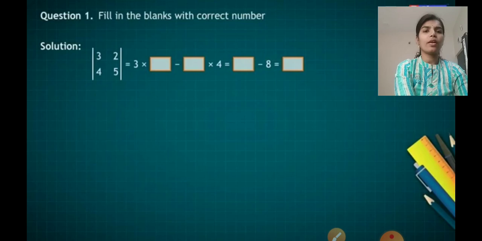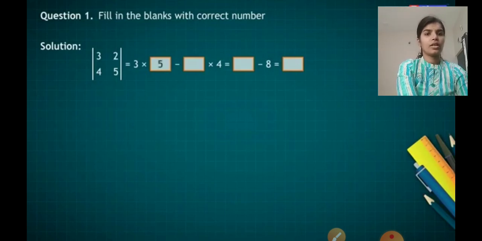You want to write down the cross multiplication of 3 and 5. So 3 into 5 minus 2 into 4. 3 fives are 15, 15 minus 8, it is 7. So your answer is 7.